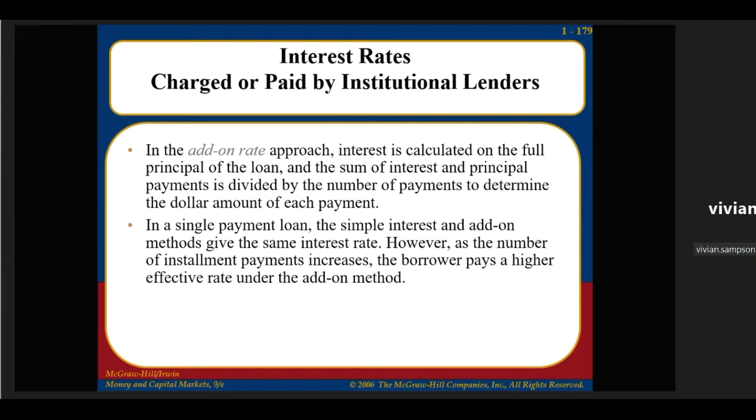The interest calculation is based on the add-on interest approach.